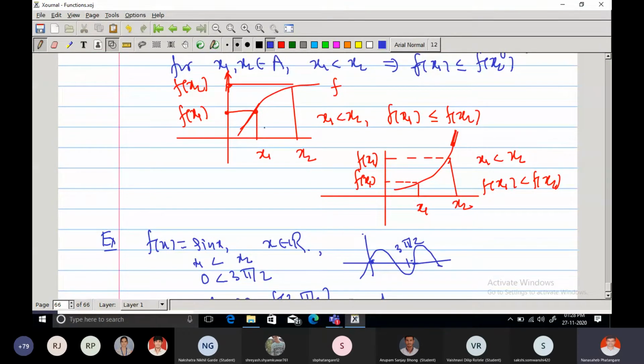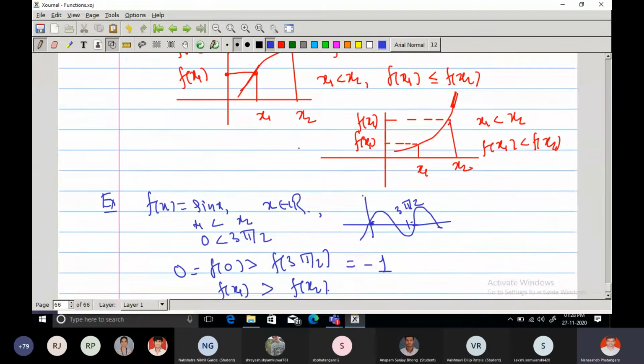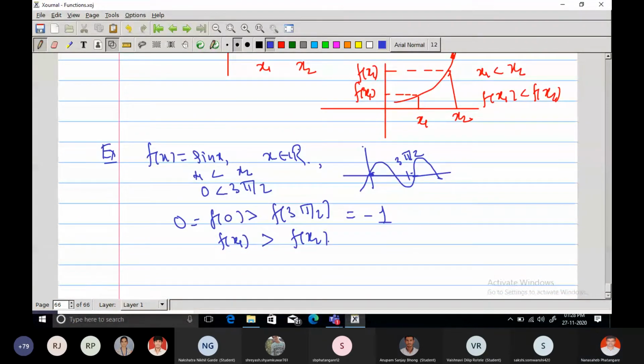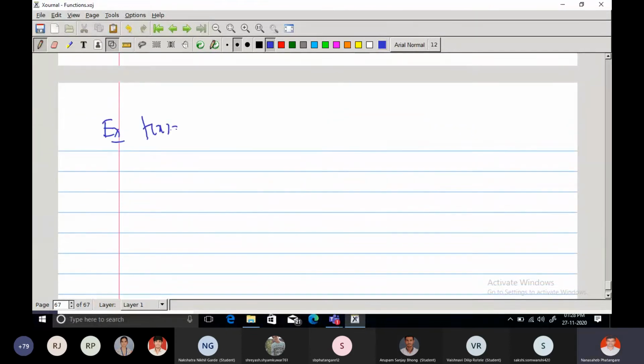But if you look at another function, f of x equal to x defined on R, is it increasing?